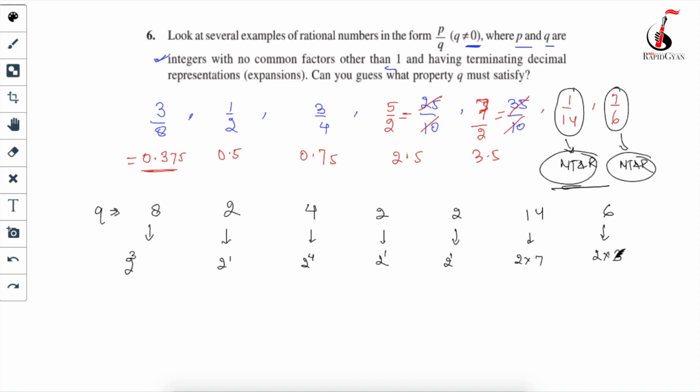So what are you seeing? The numbers which are giving terminating decimals, they all have only 2 in the denominator. But the other number has, see here, apart from 2, 7 is also there. Here apart from 2, 3 is also there.